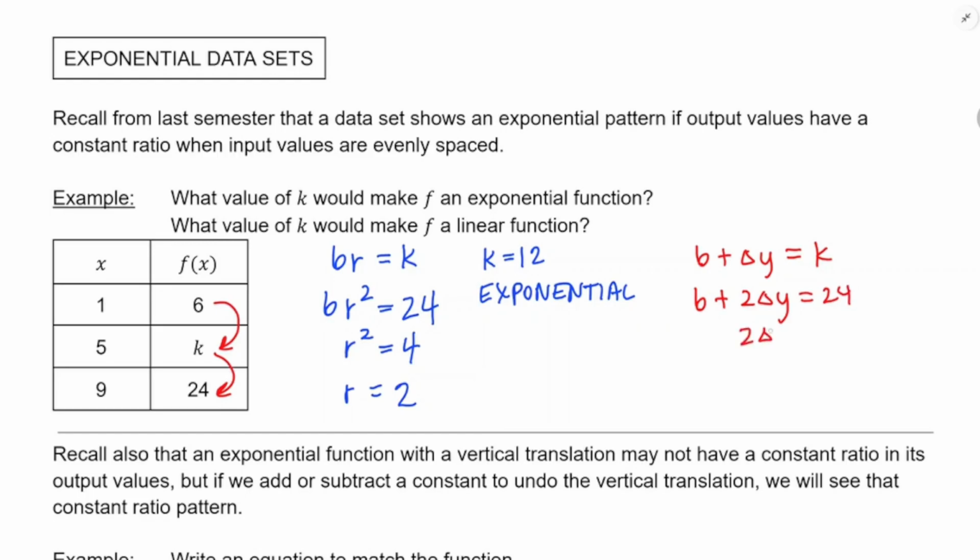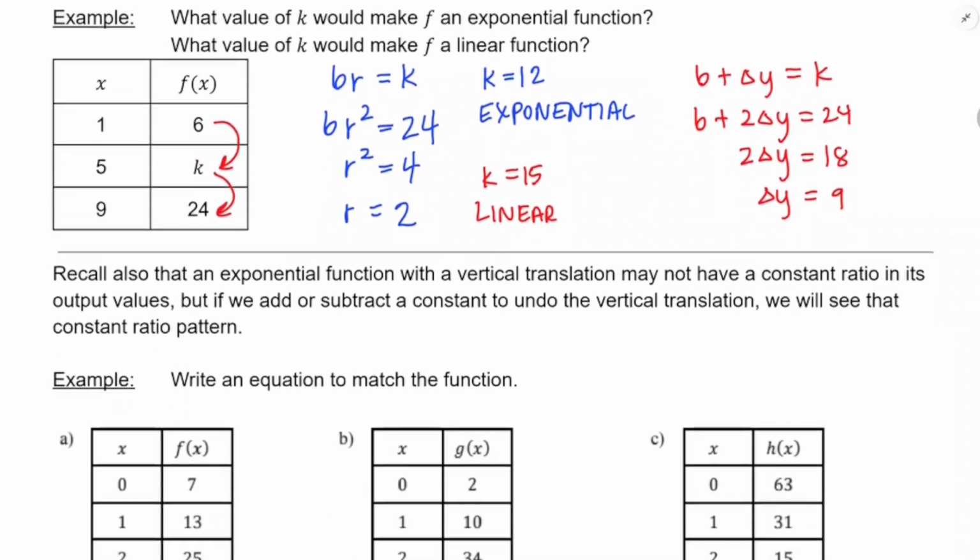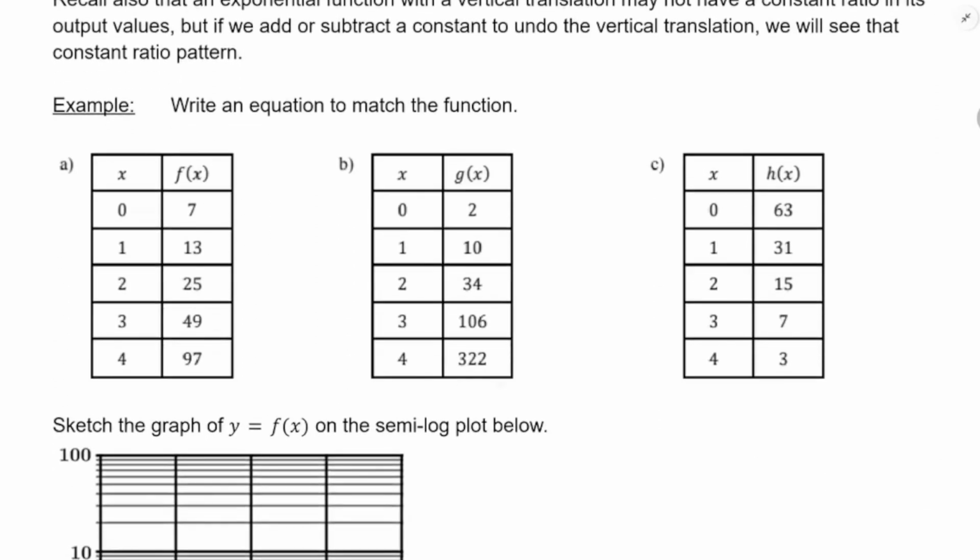So I'm going to subtract 6 from both sides and get 18, and then the change in y would be 9. So 6 plus 9 is 15, and 9 plus 15 is 24. So k equals 15 would give me a linear pattern. That's something we're going to need to talk about in a few days, the difference between exponential and linear, because that's one of the topics I conveniently forgot to show you throughout the year.